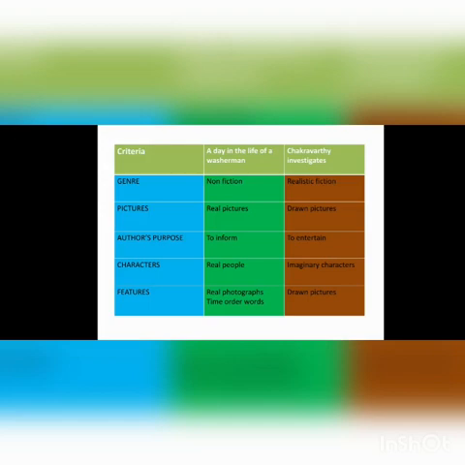Whereas Chakravarti Investigates is realistic fiction. That means that the story actually occurs to people in a realistic setting. It could happen to any person.